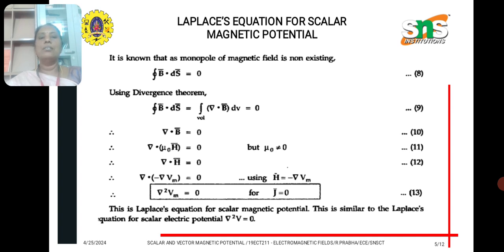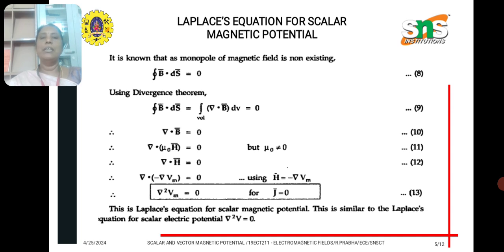So we can write, by removing the integrals, del dot B is equal to 0, but we know that B is the magnetic flux density related with magnetic field intensity as B is equal to mu naught H. So by substituting in del dot B, we can write del dot mu naught H is equal to 0, and also we can write del dot H is equal to 0.